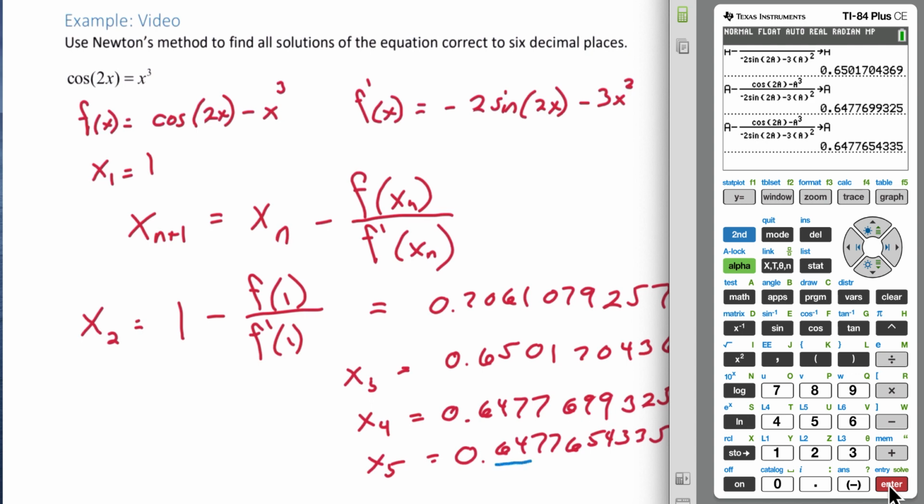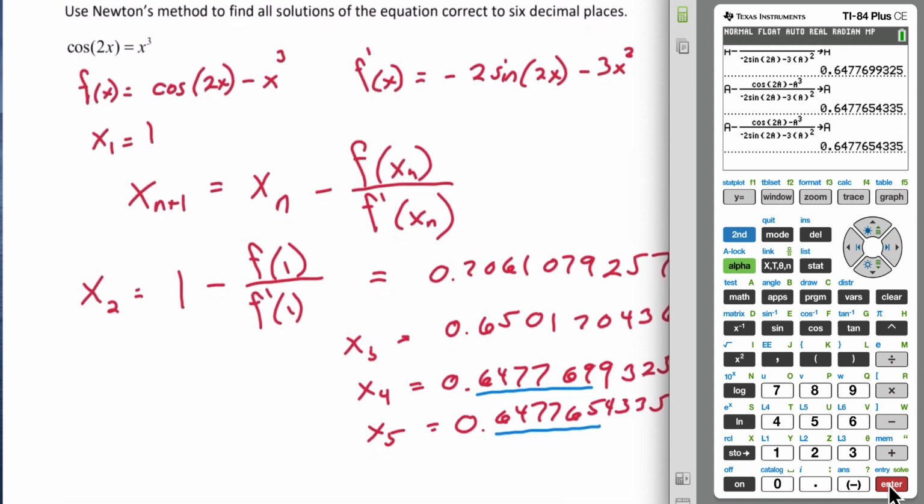Again, we want 6 decimals. So make sure to look at the 6 decimals. We're not quite there yet. They're not repeating, so enter one more time. X sub 6, we get 0.6477654335.